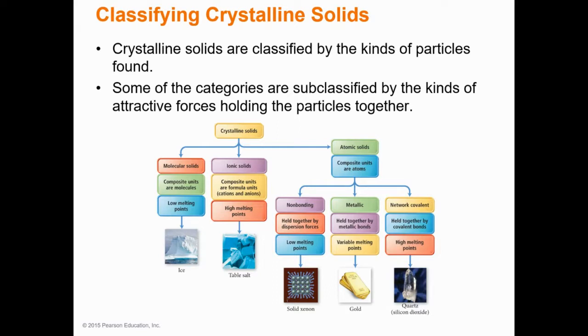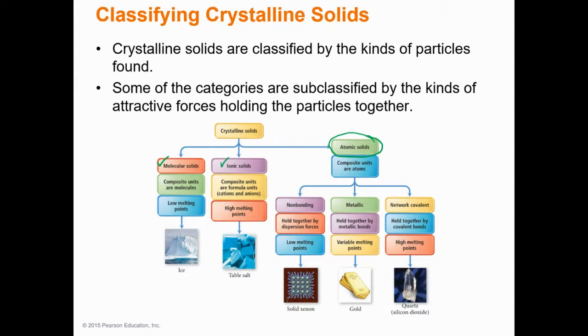So when we talk about these crystalline solids, we're going to be able to classify them in different ways. For example, if you have a crystalline solid, which can be molecular or ionic, you can also have atomic solids. These would be things like solid gold, solid aluminum, quartz, all of those kinds of things.